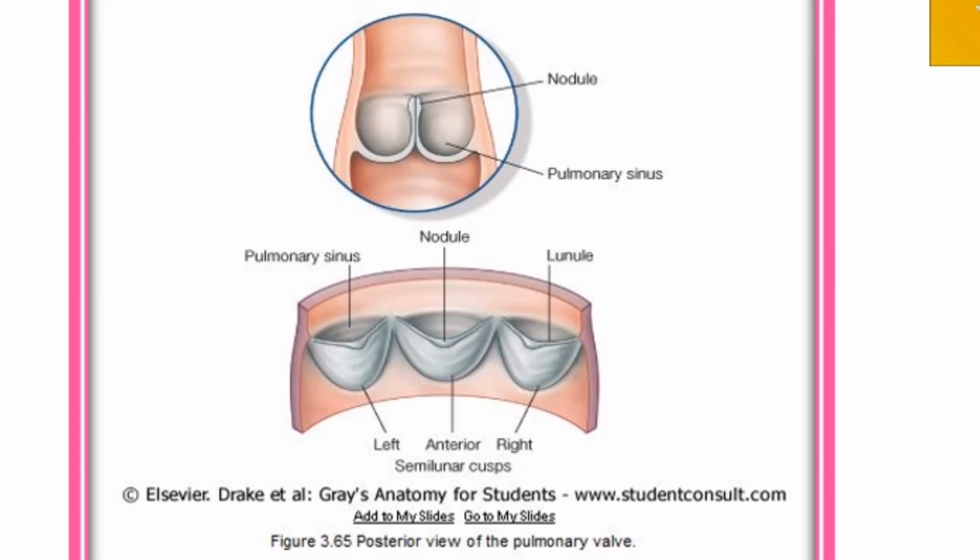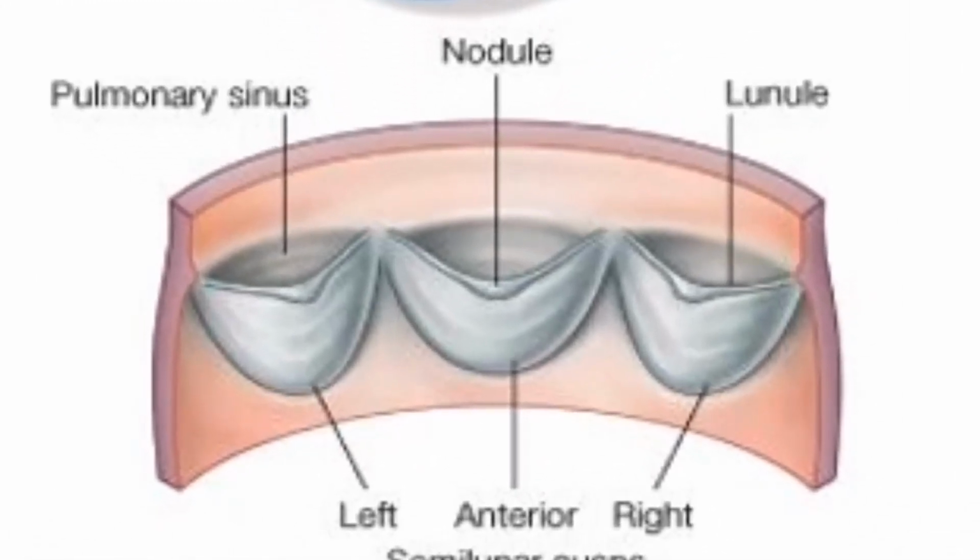Here, it's been slit open, and we can see the 3 cusps that guard this opening. Now, for each cusp, we will see a free superior edge, and in this edge, we see a mid-thickened portion, which is called the nodule. So let's take an example. This is one of the cusps. Now, this is the free upper edge.